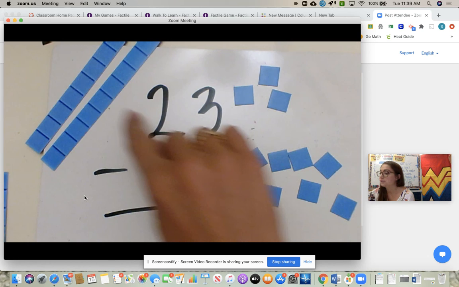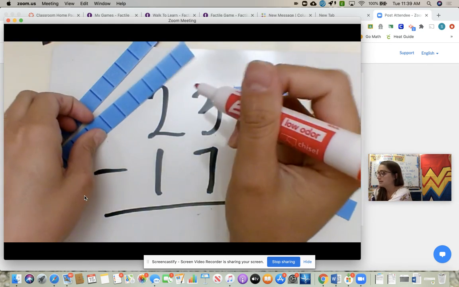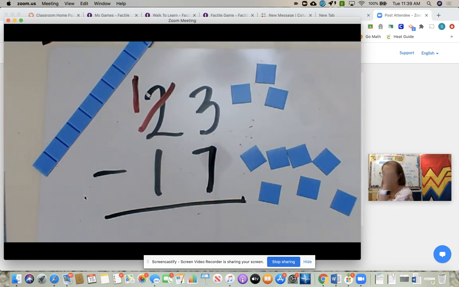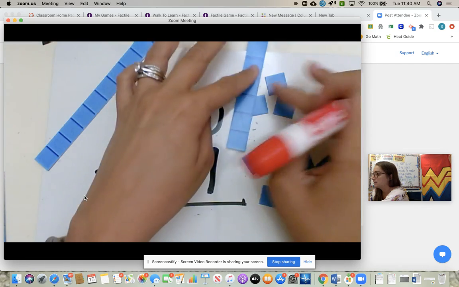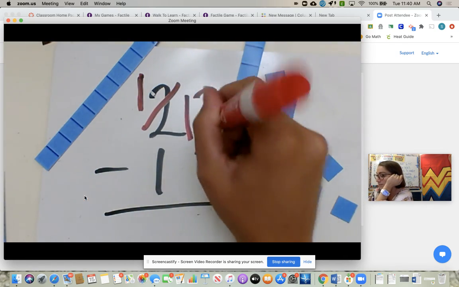Over here, there are 2 tens, so 20. Okay. And my neighbor says, sure, go ahead. You can take 1. You can take 10. So now there's only 1. And you move the 10 to the ones place. So now I have 10 plus 3. So I have 13.